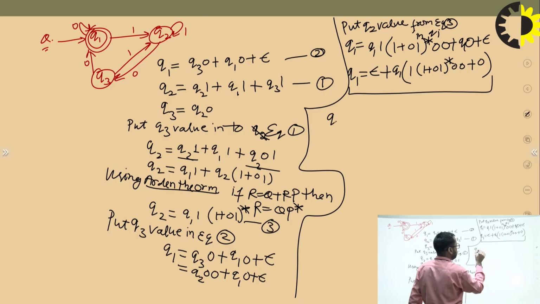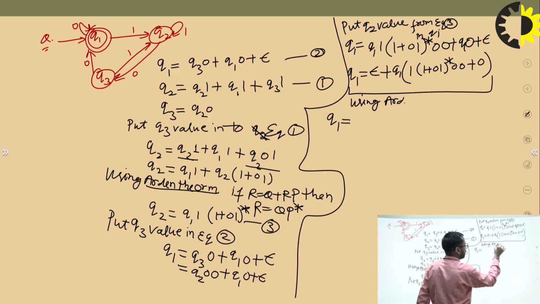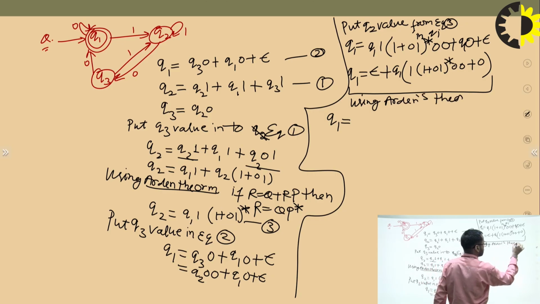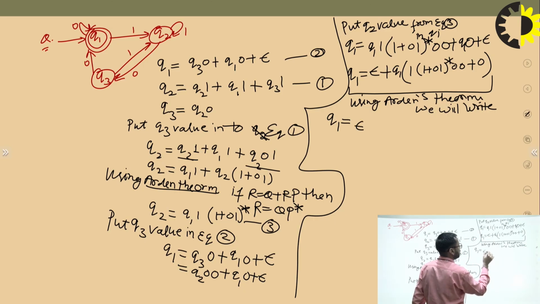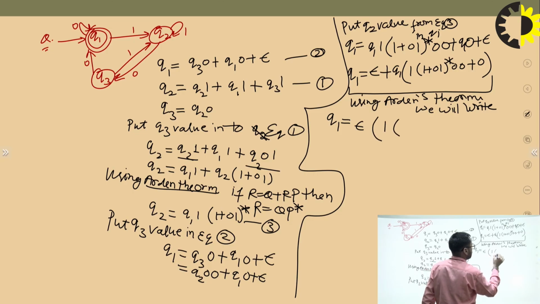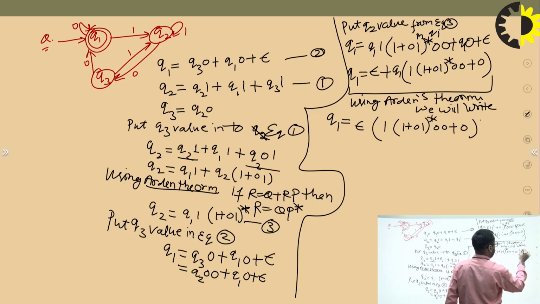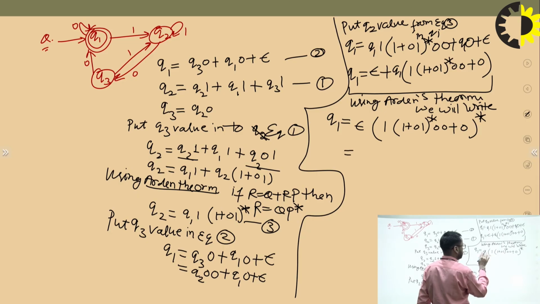So, using Arden's theorem, we write Q1 equals epsilon (1 plus 0 1) star 0 0 plus 0 star.